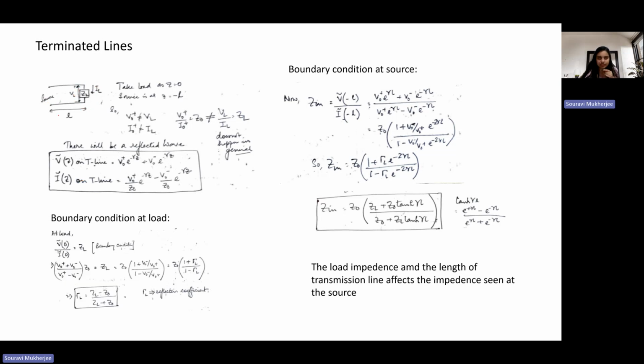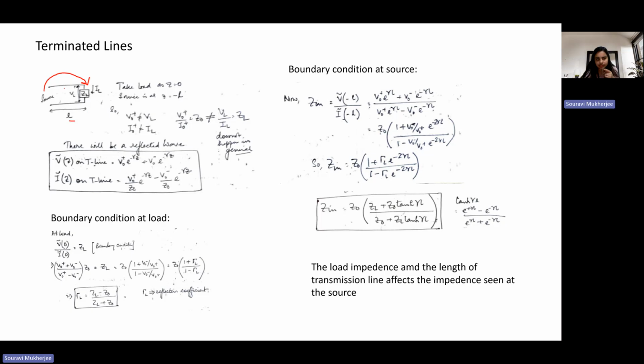So the question is, what happens in this case? If it is a transmission line of certain length L, we know that as the signal transmits from the source to the load, there is a change in voltage, which would come because of the transmission line.